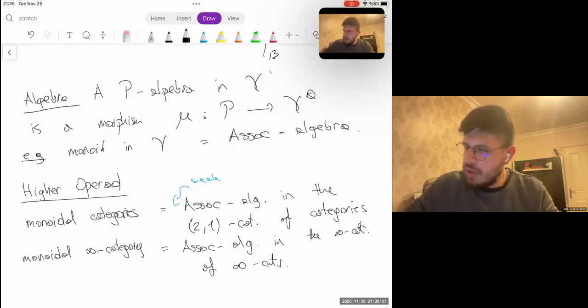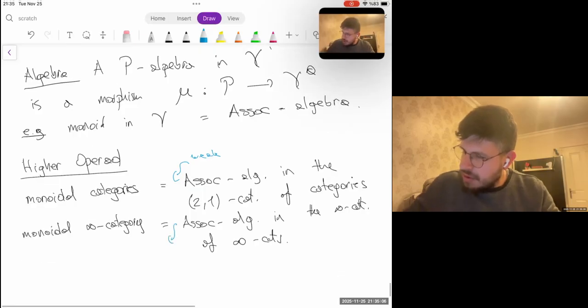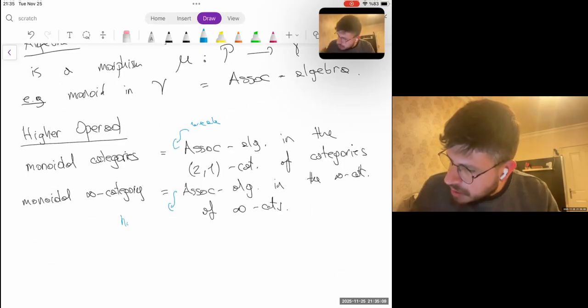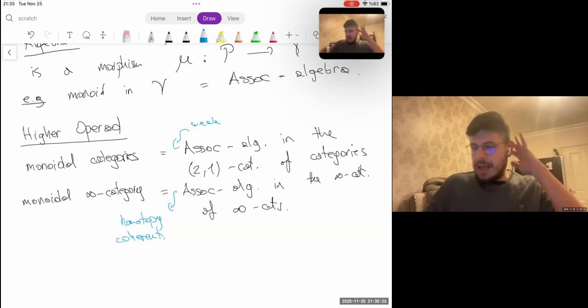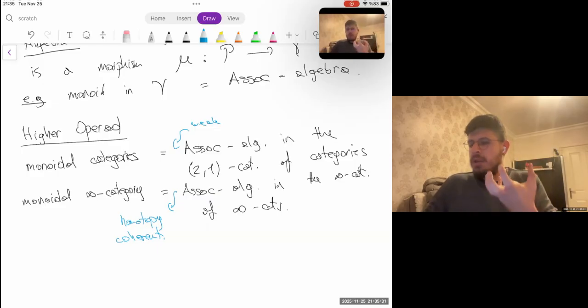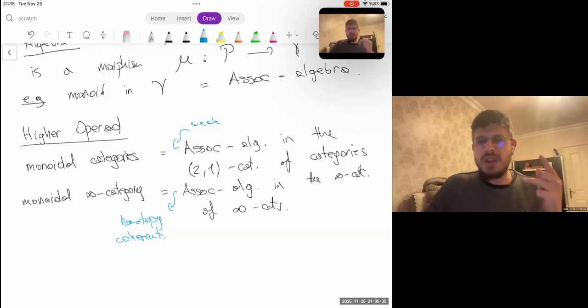So this would be much more involved, of course, but still, you would want to talk about homotopy coherent algebra, not just a strict algebra, like a one-categorical notion. This is the simplest type of example, where I just took one operad, and it already got us some interesting ideas in mind, like monoidal infinity categories.